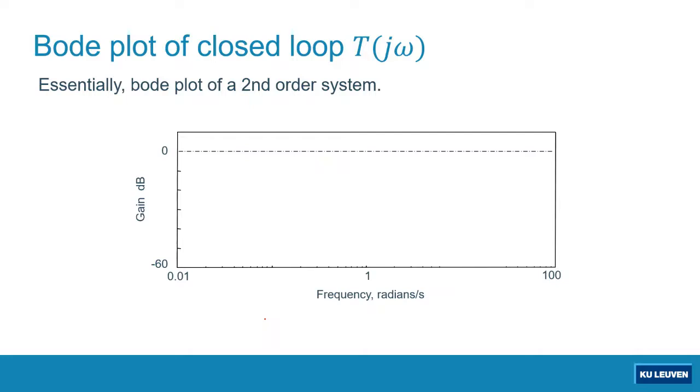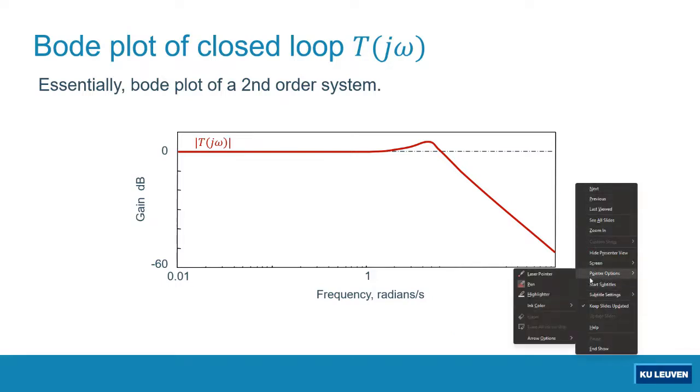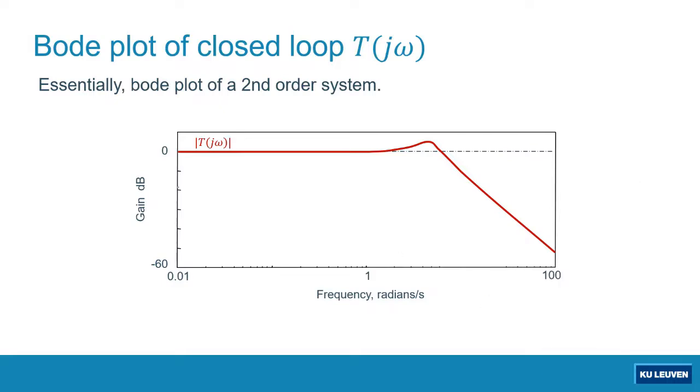If we have an underdamped second order system, the magnitude plot of the Bode diagram typically will look like this, as you can see in this slide, where at the beginning, at low frequency region, the magnitude plot will typically have zero slope, and at high frequency region, above the corner frequency, the magnitude plot will have negative 40 dB per decade slope.